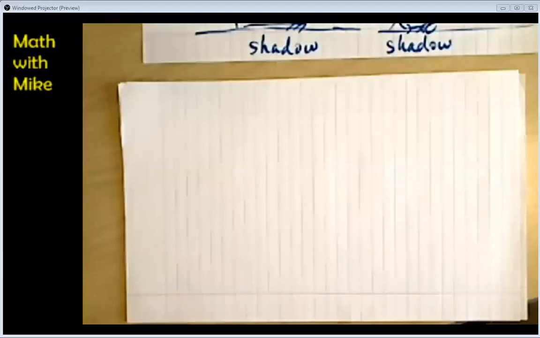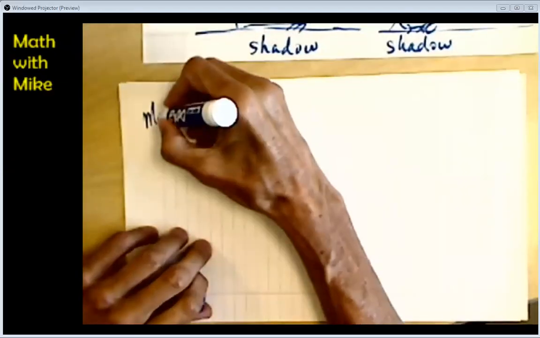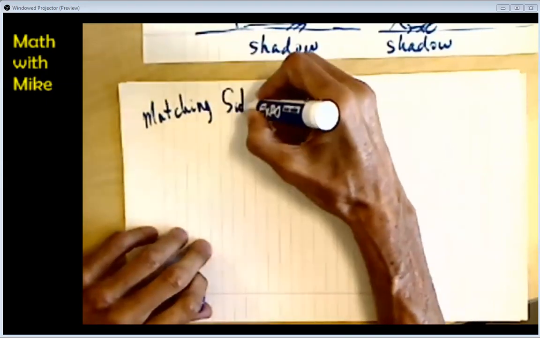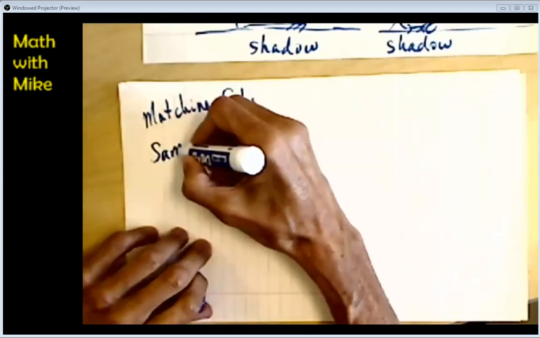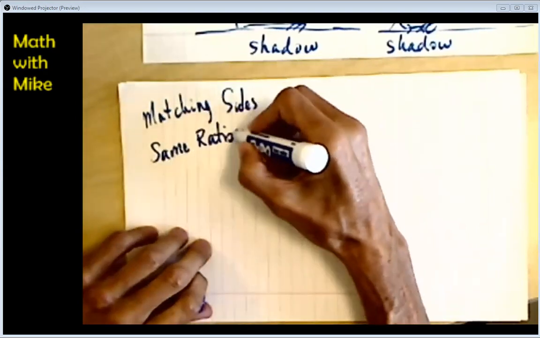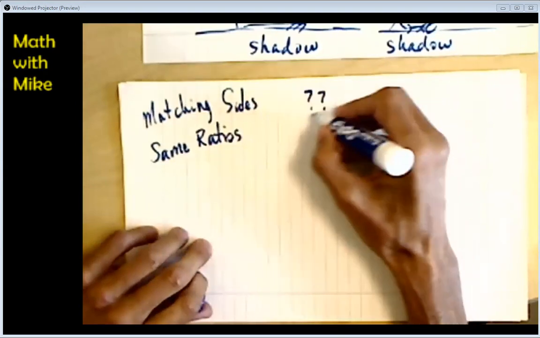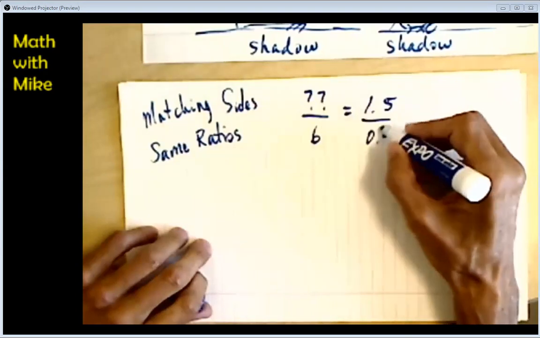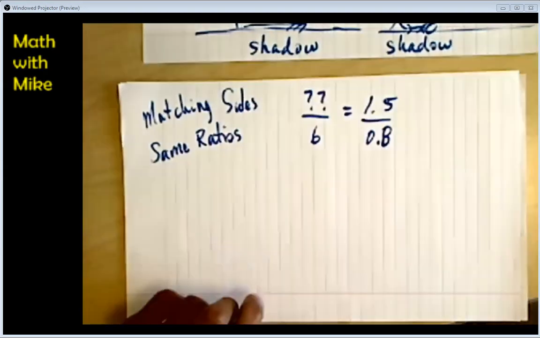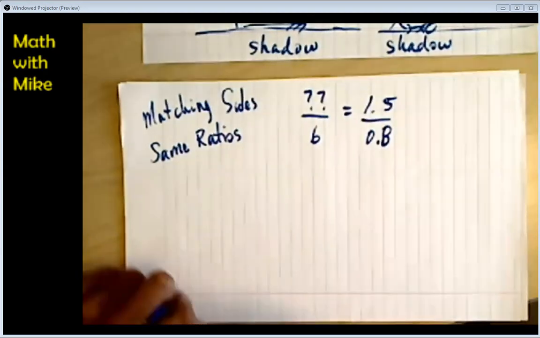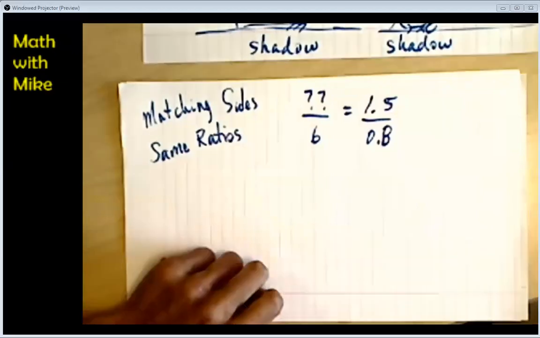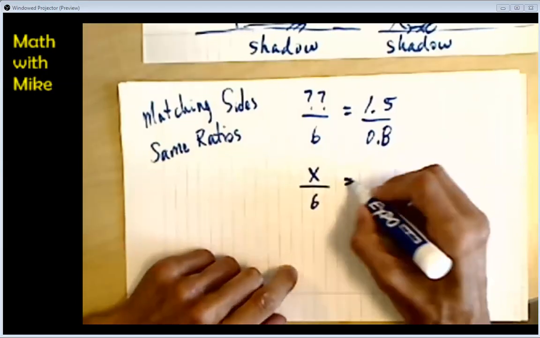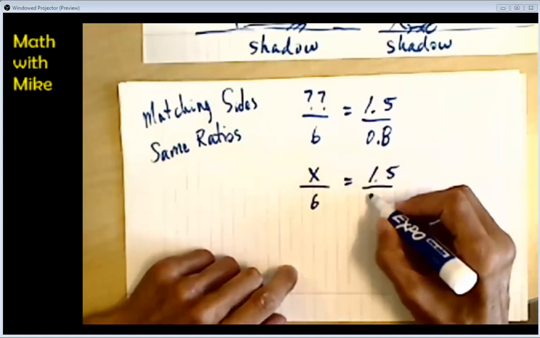From matching the sides, and then creating the ratio, we can get this over 6 is equal to 1.5 over 0.8. And to update it, we'll say x for the height there. x over 6 is 1.5 over 0.8.